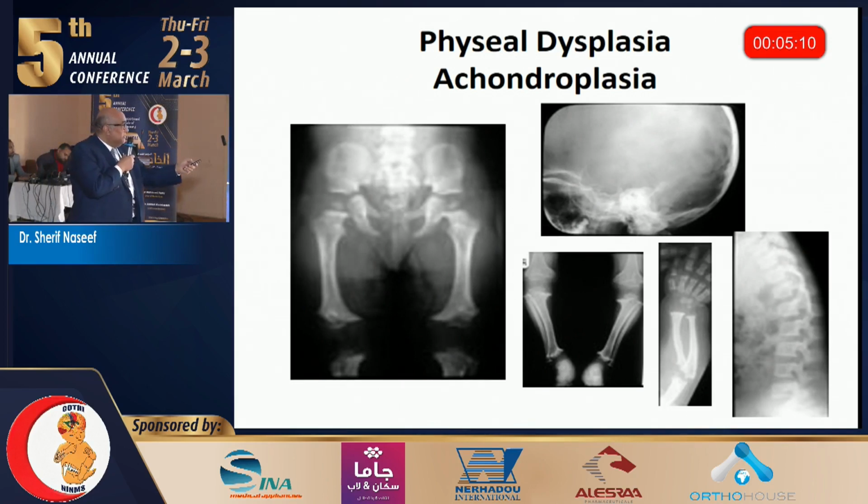Look at the dislocation of the femoral head. We also said that the physis is present in the pedicle of the vertebrae, so the intervertebral foramina will be shortened, and this will cause neural compression in adult life that may need decompression.